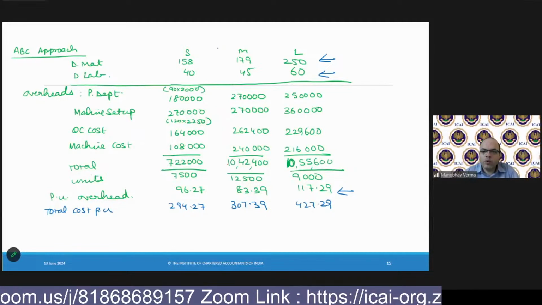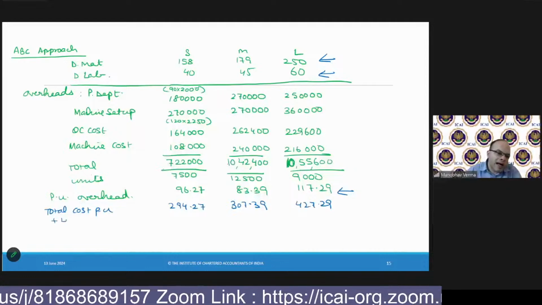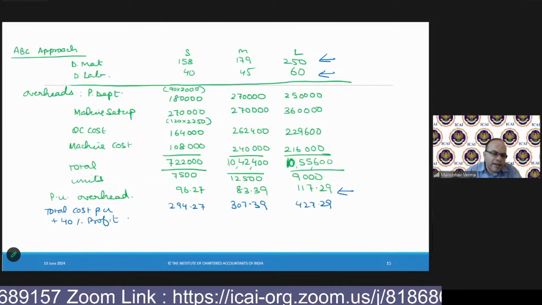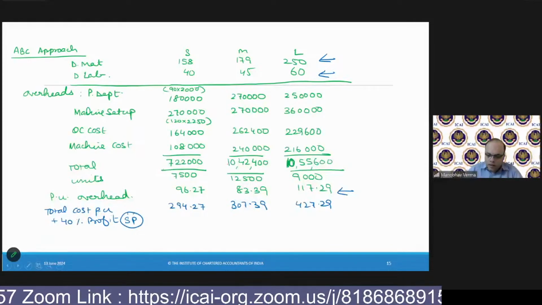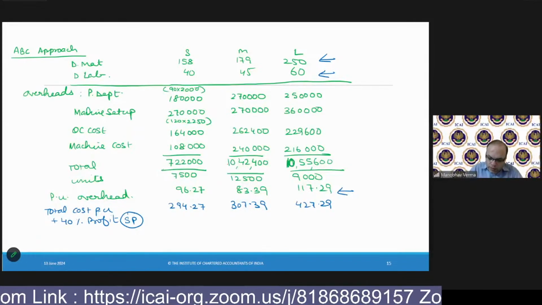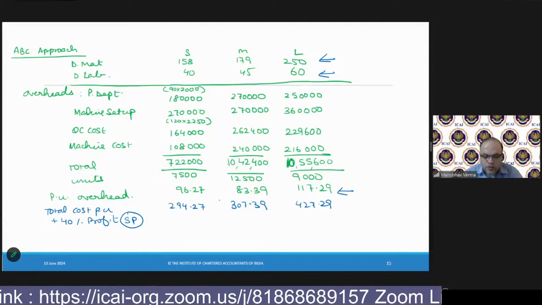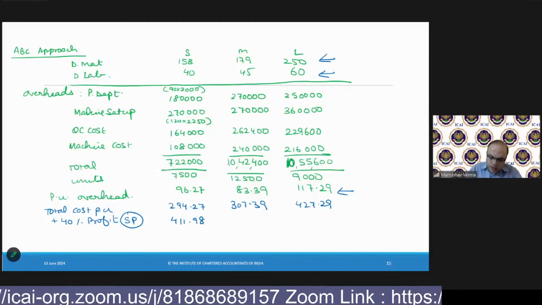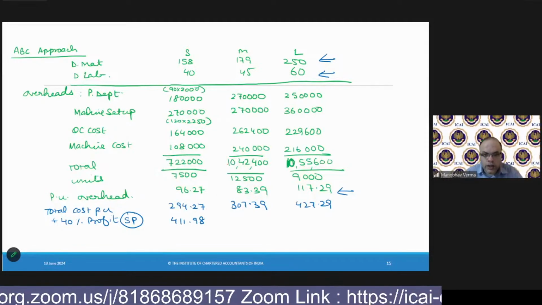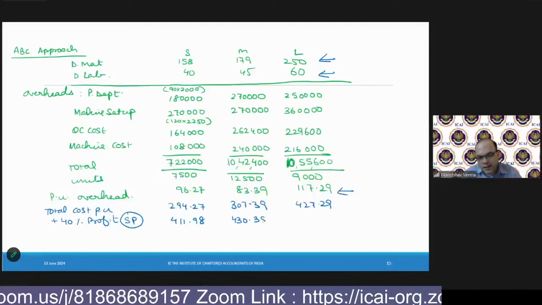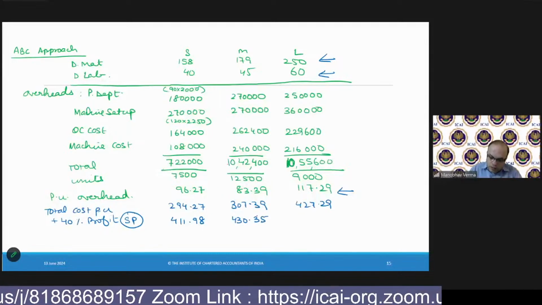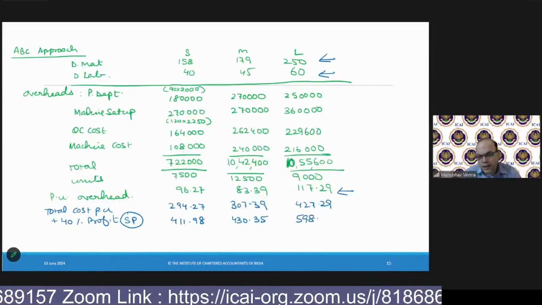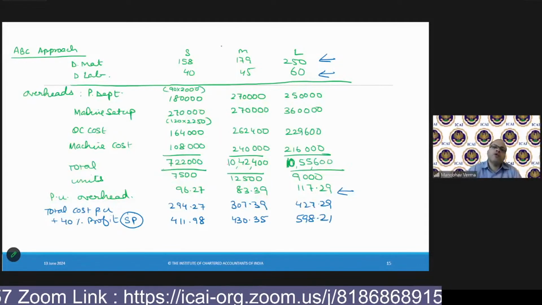So 294, 307, and 427. And we also had to add the 40% margin here to get a selling price. 294.27 plus 40% is giving us 411.98. Similarly, 307 gives us 430.35, and the last becomes 598.21. This is after adding 40% profit here.